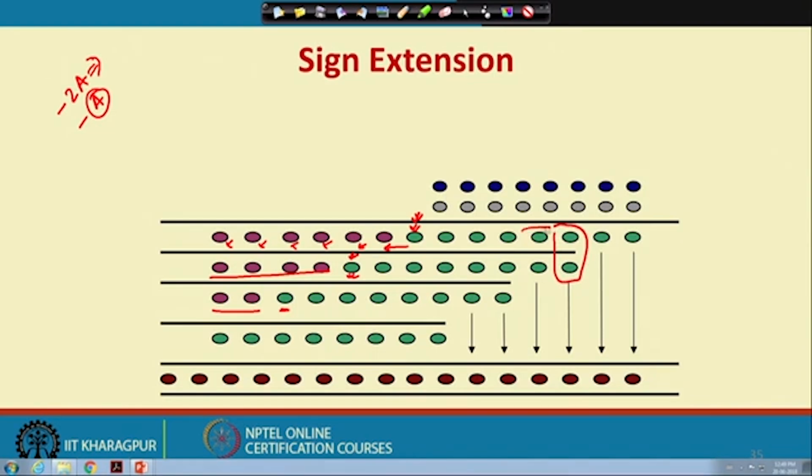Wallace tree structure means you just add something like this, using carry save adder or using carry look-ahead adder, sorry. Using any of these, you can just do this addition operation. Okay.